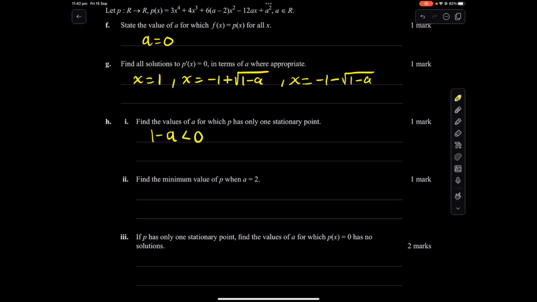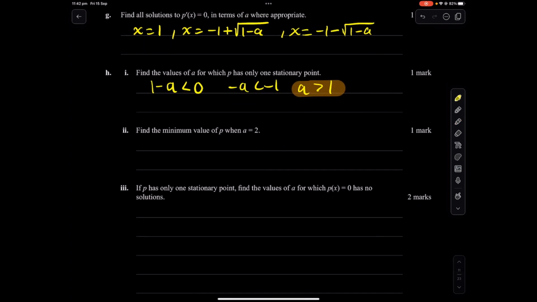We want to make it negative. We don't want to let it be less than or equal, because if the square root equals 0, we'll get a solution of just -1. So be careful, just less than 0. Solving that, we get -a is less than -1, so a must be greater than 1.